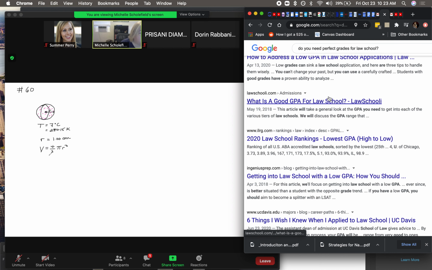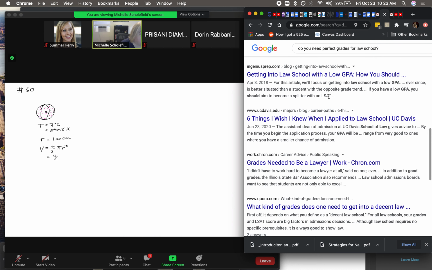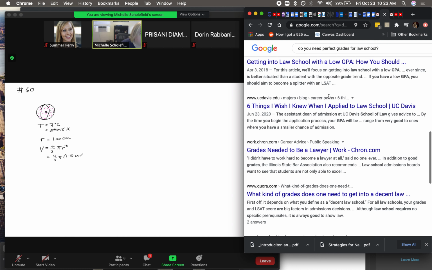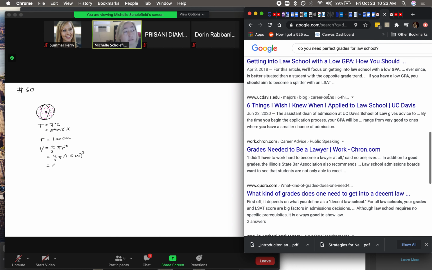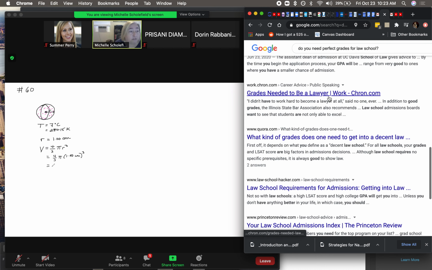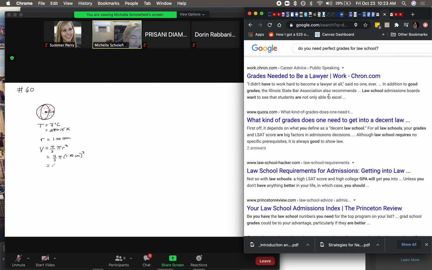So substituting in that 1, 4/3 pi times 1 centimeter cubed is going to give you the volume of this spherical container. So radius and volume are closely related.